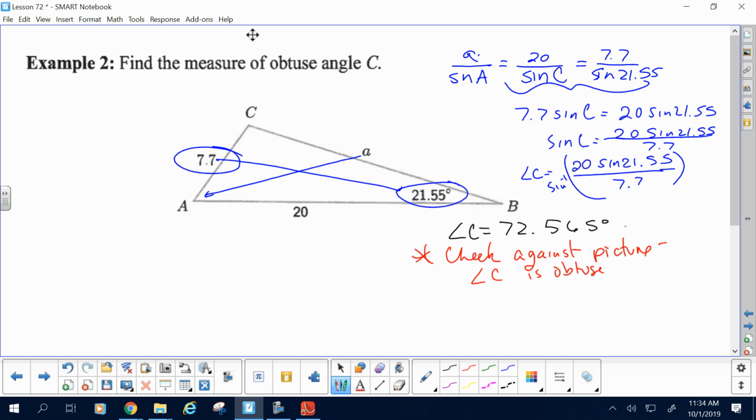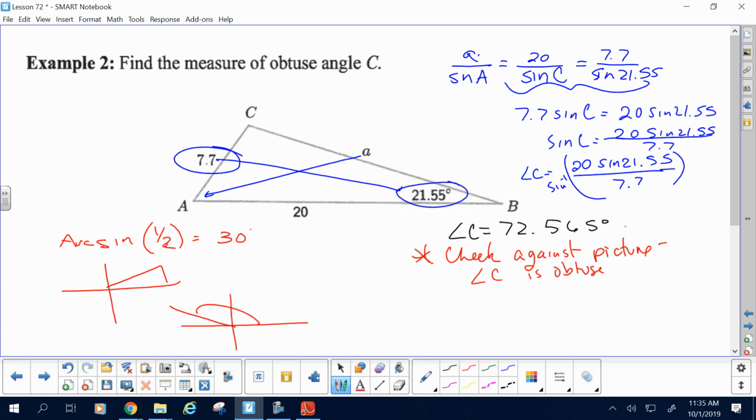Now, why 180 minus? If I asked, hey, what's the sine of a half or arc sine of a half? Where do you look? Arc sine of a half is first quadrant, right? So it tells me 30 degrees because the calculator is programmed to do arc sine. It doesn't know if you're really looking for an obtuse angle with an opposite of 1/2.